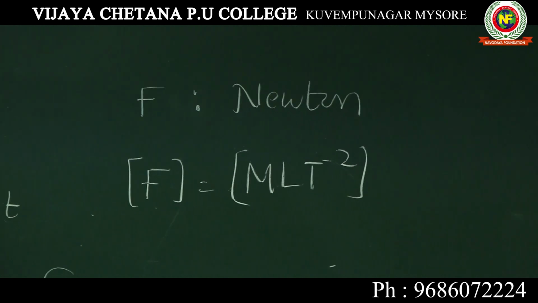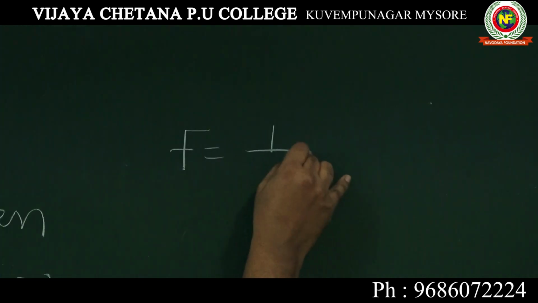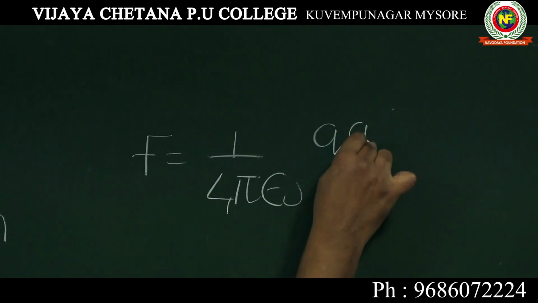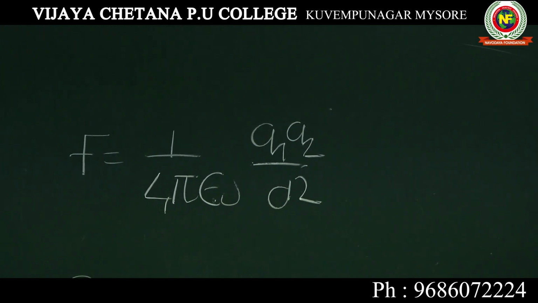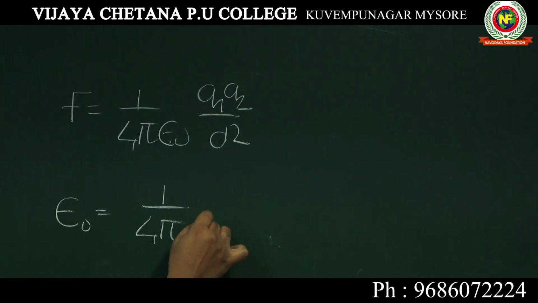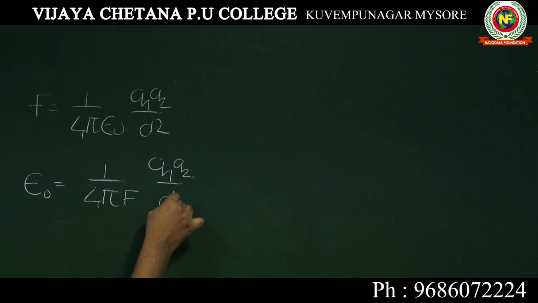Next, permittivity. I already wrote the SI unit, but the unit was not written. We have F equal to 1 by 4 pi epsilon naught, q1 q2 by d square. If I solve for epsilon naught, it would be 1 by 4 pi F, q1 q2 divided by d square.